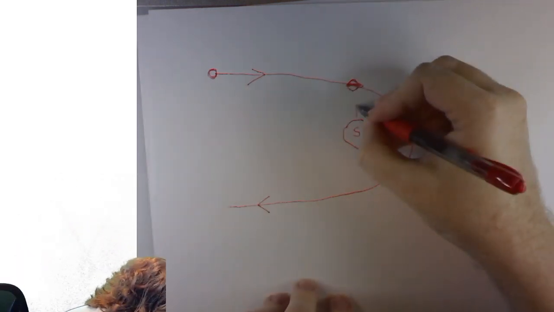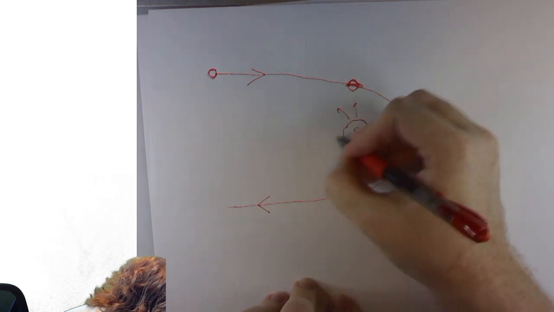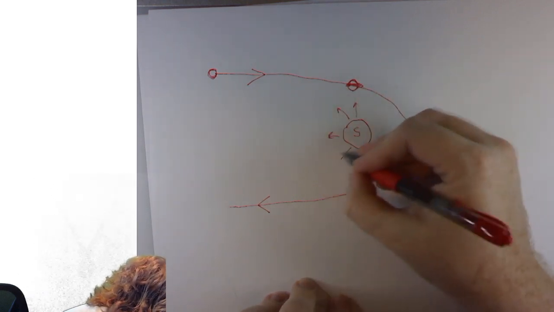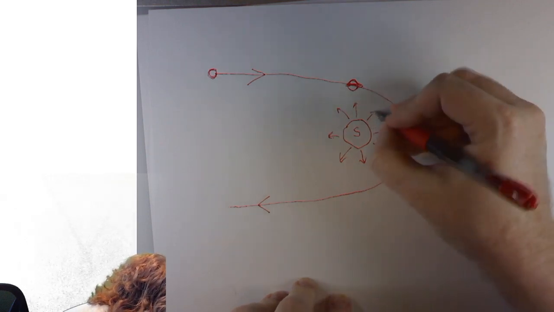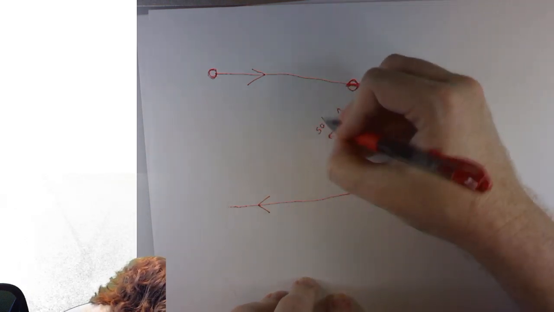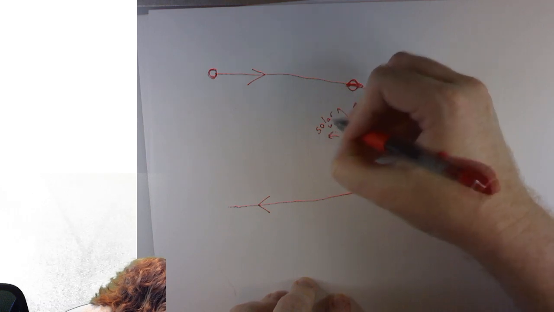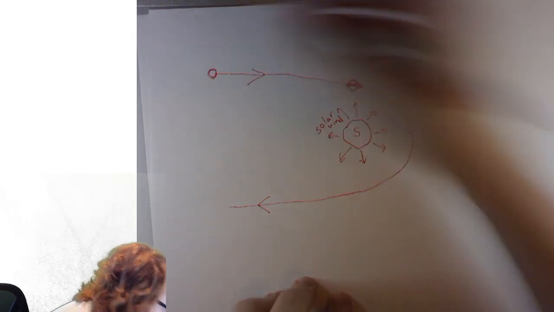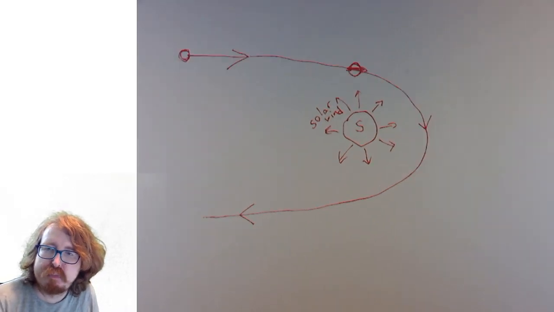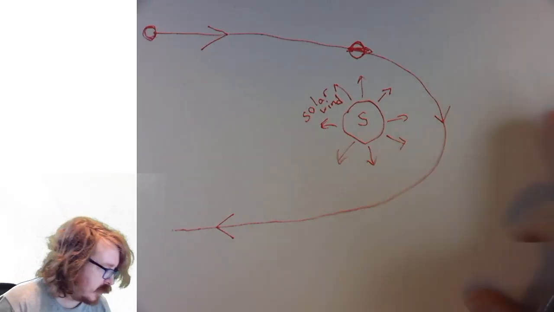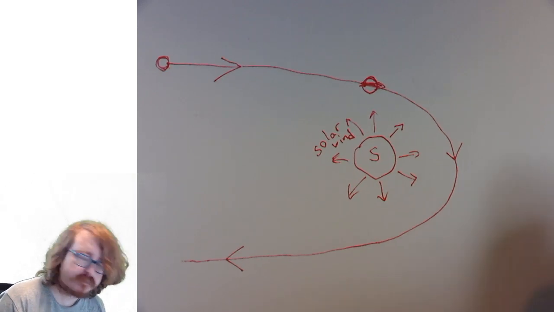So the solar wind blows out of the sun in all directions. Let's call that the solar wind. Okay? Now, the solar wind is blowing outward. So check this out.